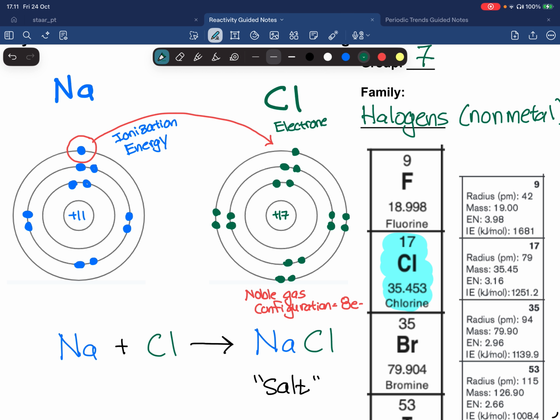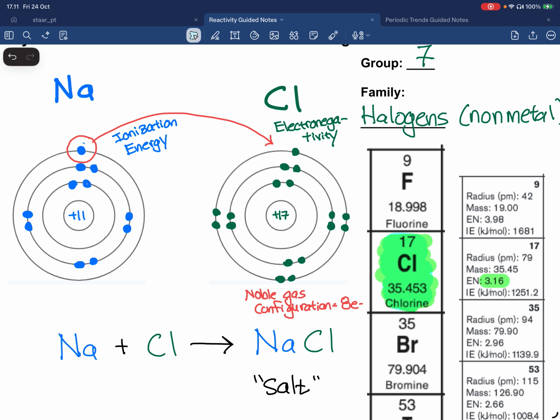So for chlorine, that electronegativity is 3.16. So basically what happens is this electron right here is removed from sodium and given to chlorine.